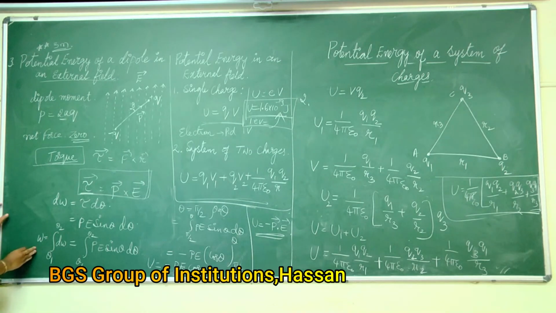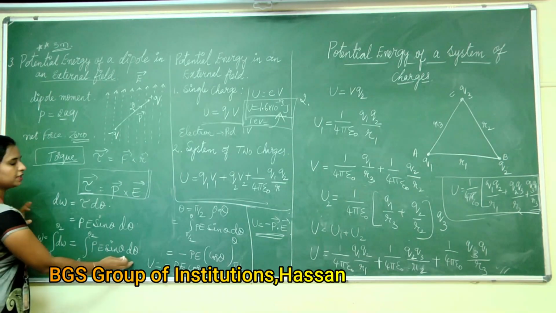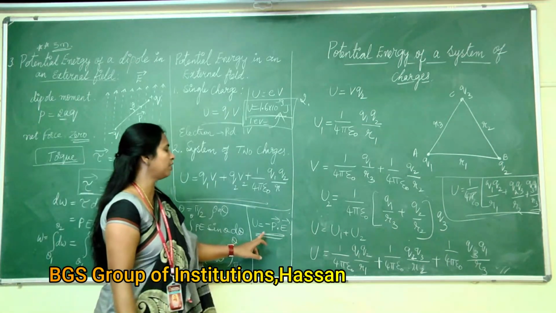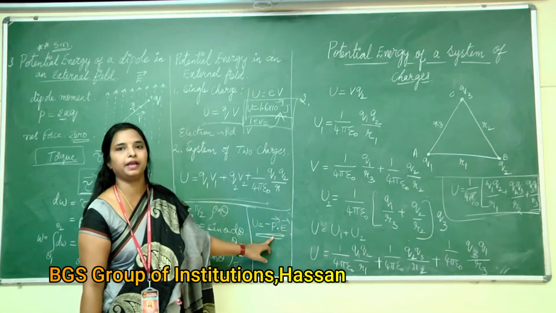The total work done from theta 1 to theta 2 is the integral of dW from theta 1 to theta 2. On substituting the value, we arrive at the expression U equal to minus P dot E.